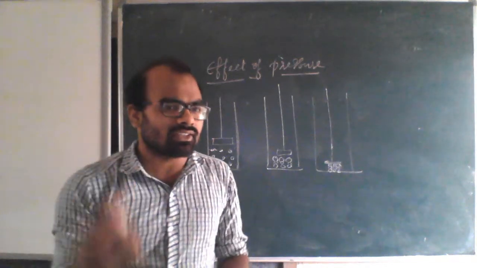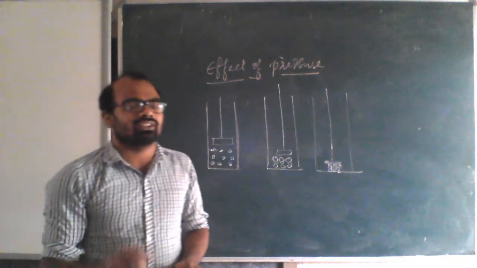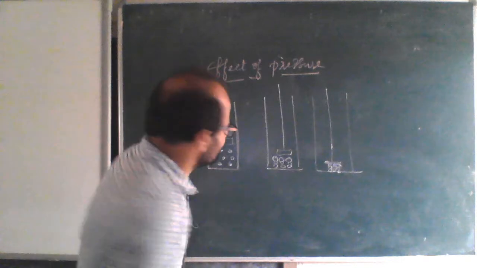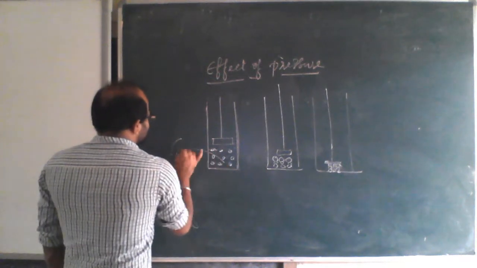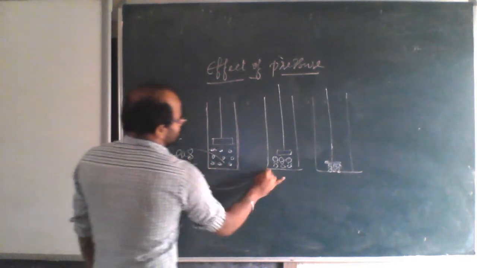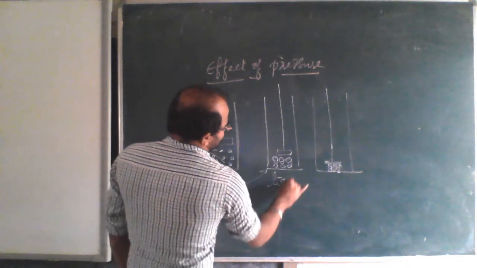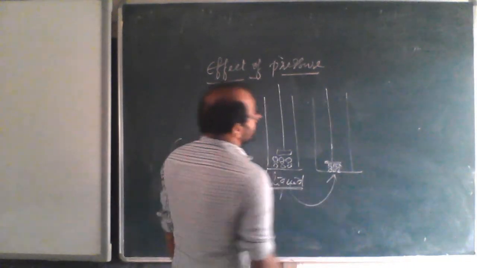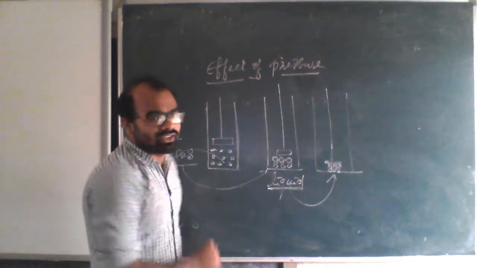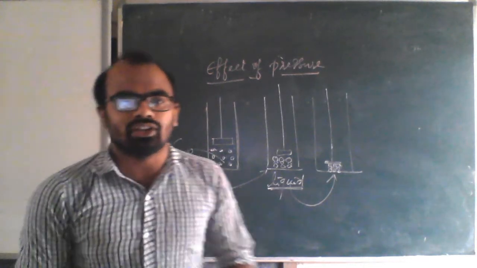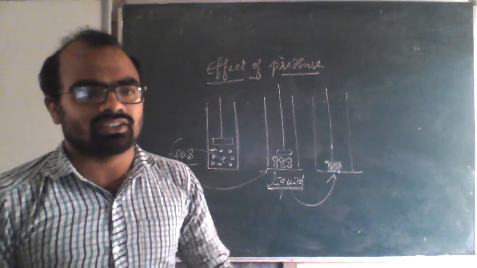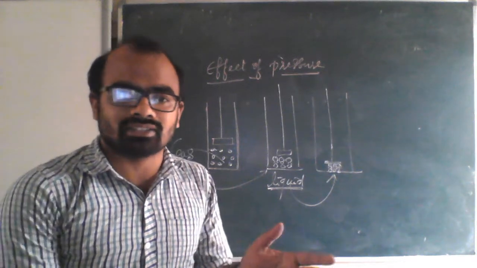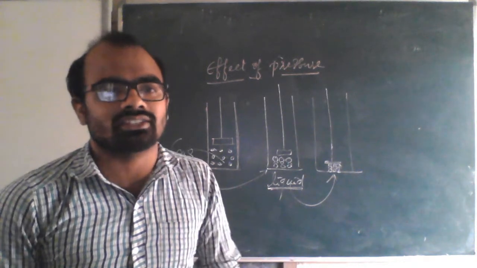When the particles come closer, what will happen? The state changes. Suppose this is gaseous state, if you apply the pressure, it will convert to liquid state. If you apply further pressure, it will convert to solid state. As you have already known, in gaseous state the interparticle distance is more.